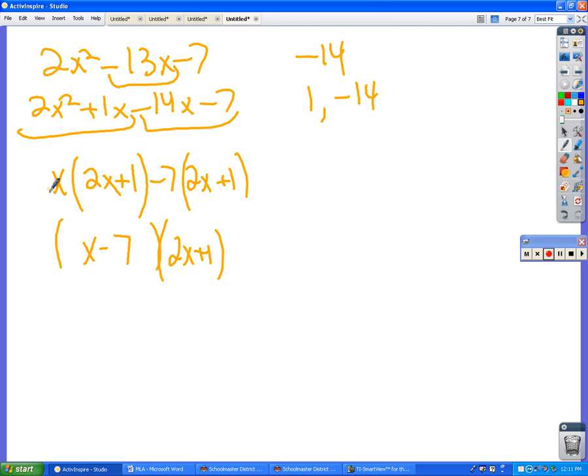So x times what is 2x squared? It's going to be 2x, because x times x gives me the squared, and the 2 makes the 2. Same thing, x times what is 1x? 1. So you just have to think your way through it a little bit.